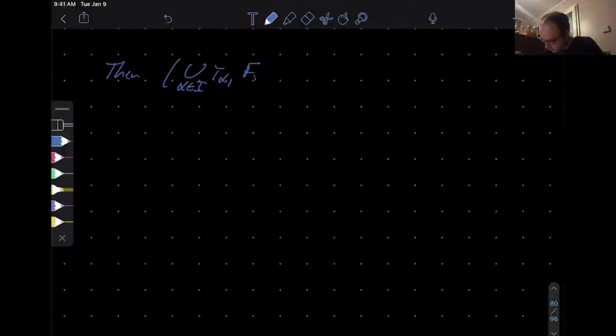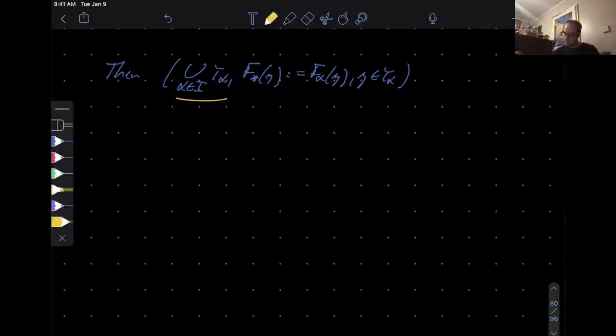That functional f star will just be equal to the restriction f alpha(y) when y is in Y alpha. This is well defined because if you take an element in this union, then it is in at least one of the Y alpha. That's what the set union means. Then you can make sense of f star(y) on all of the union in the way indicated. All right, so this makes sense.